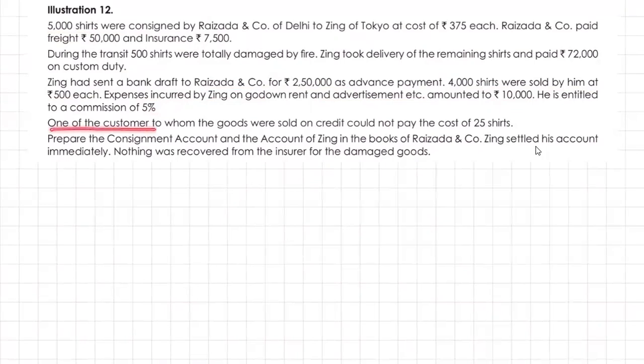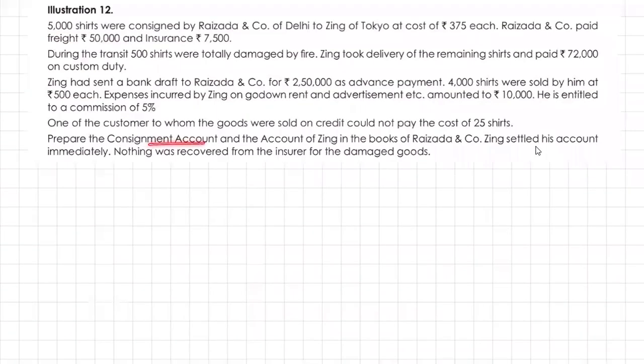One of the customers to whom the goods were sold on credit could not pay the cost of 25 shirts. So there had been some bad debt. We cannot find any del credere commission here, so this bad debt will be charged against the consignment account and borne by the consignor.